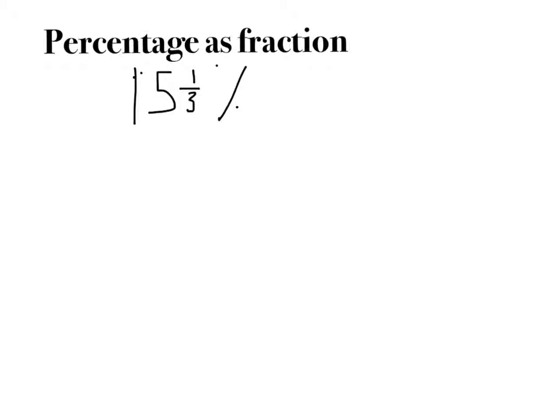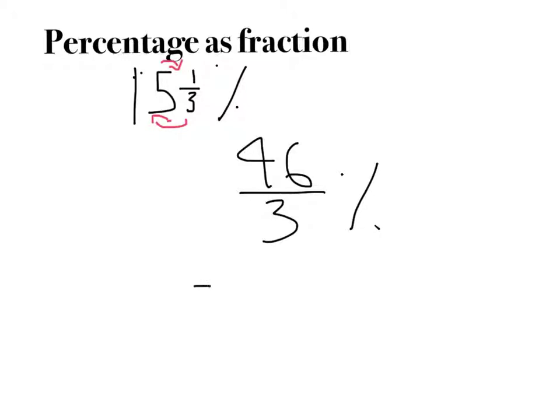That's what we call a mixed numeral, and Mr. Corsi told me that with mixed numerals I change them into improper fractions before I can work with them. So 15 and 1/3: 15 multiplied by 3 is 45, plus 1 is 46 on 3. That's it as an improper fraction. So my percentage is now 46 over 3 as a percent.